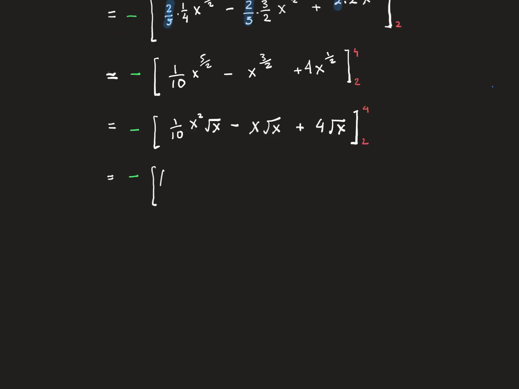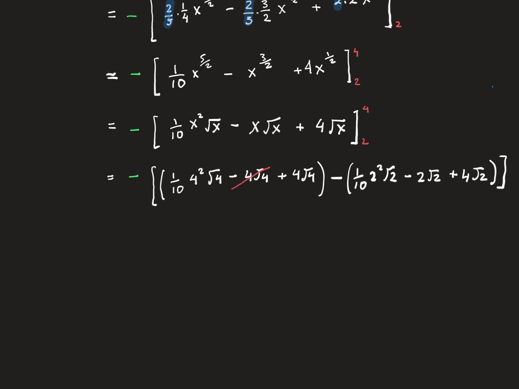And so starting with 4, I will say that it's 1/10, 4 squared root 4 minus 4 root 4 plus 4 root 4. And then I'll do the same thing with 2. So it'll be 1/10, 2 squared root 2 minus 2 root 2 plus 4 root 2.